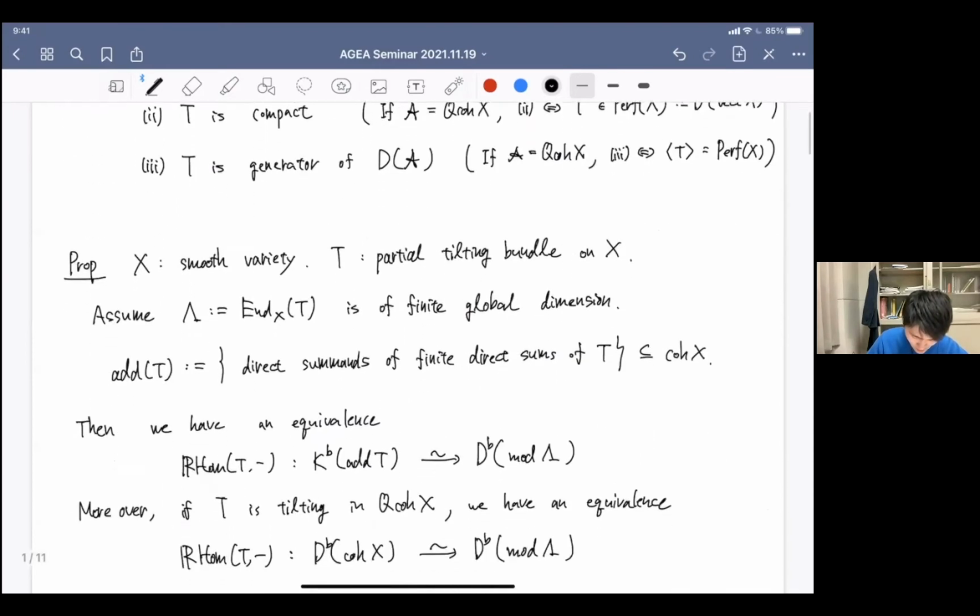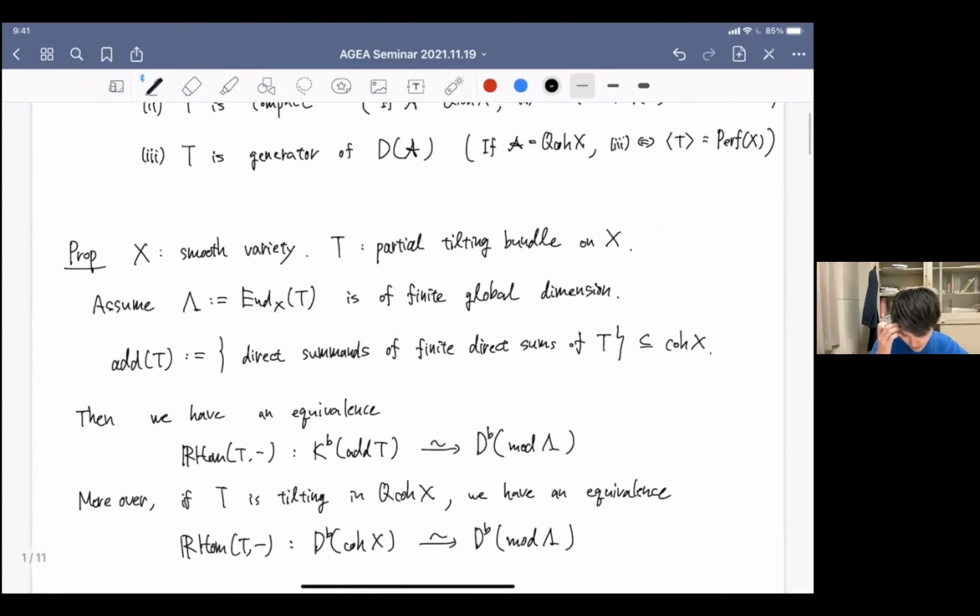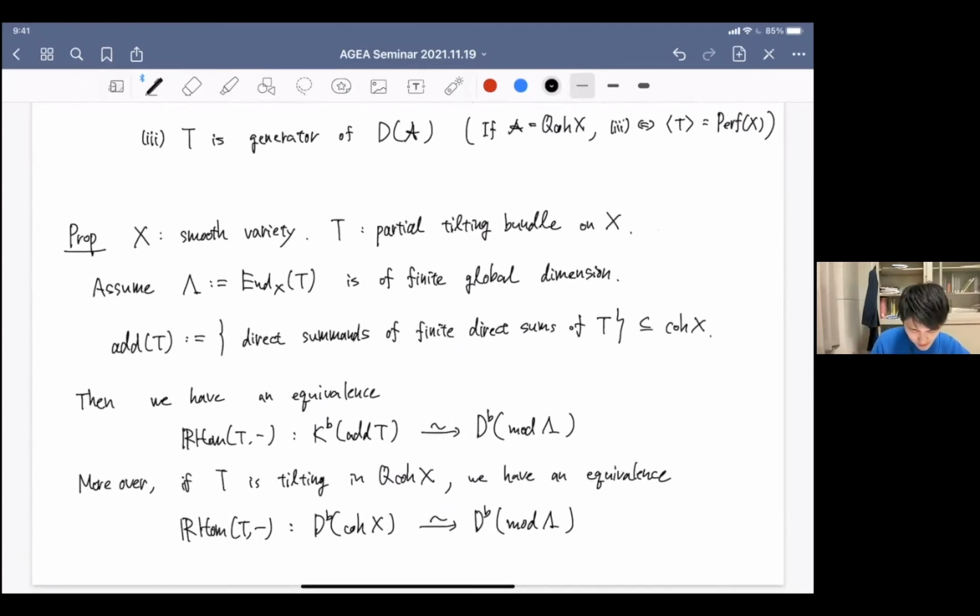And the following proposition is classical. Let X be a smooth variety, and let T be a partial tilting bundle on X. And assume Lambda, defined to be the endomorphism ring of T, is of finite global dimension.